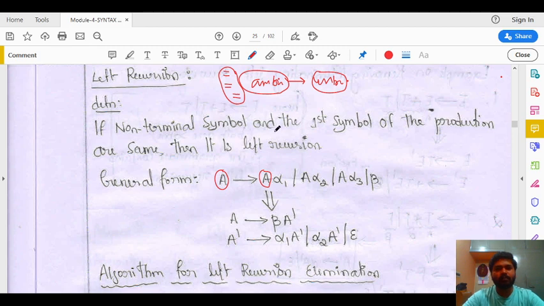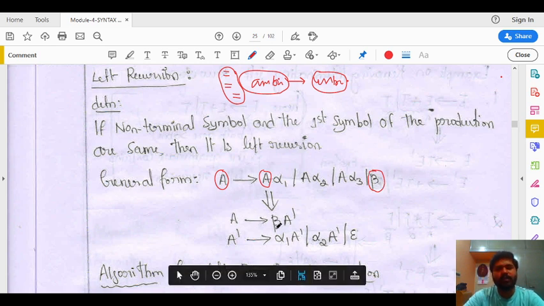So one way to eliminate it is by using the form where I had A tending to A alpha 1; I have to replace it with A tending to beta A dash. So what is beta? Beta is a production that does not begin with the symbol A itself.